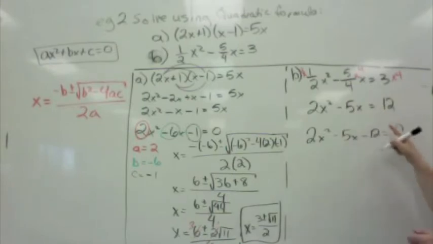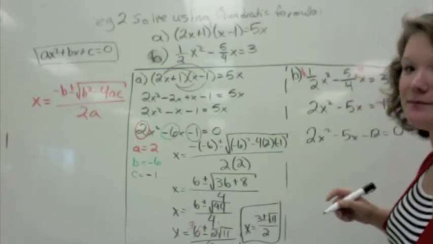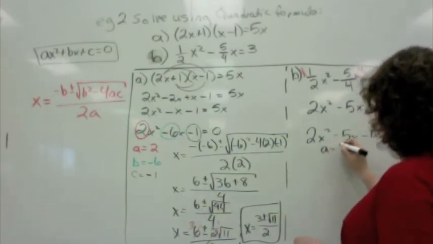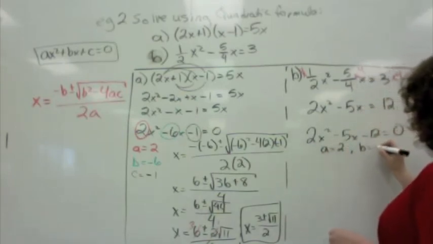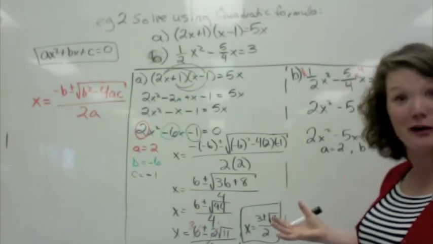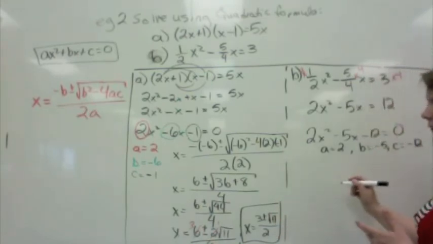I get a little bit of a slap on the wrist maybe for not lining up my equal signs. All right, so at this point we know that A equals 2, B equals -5, and C equals -12. I'm going to put it into the quadratic formula.